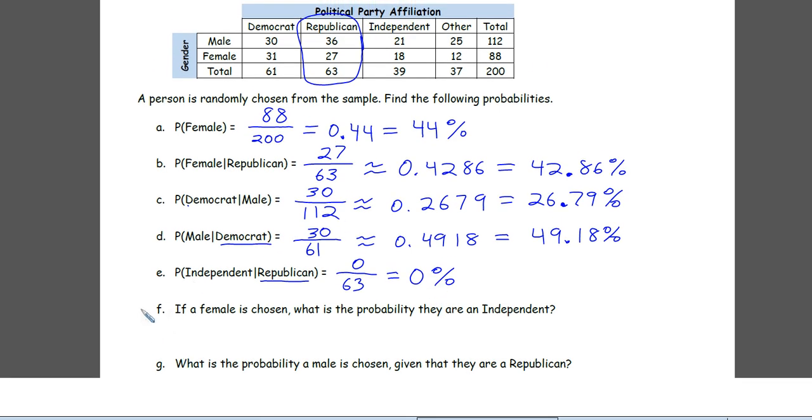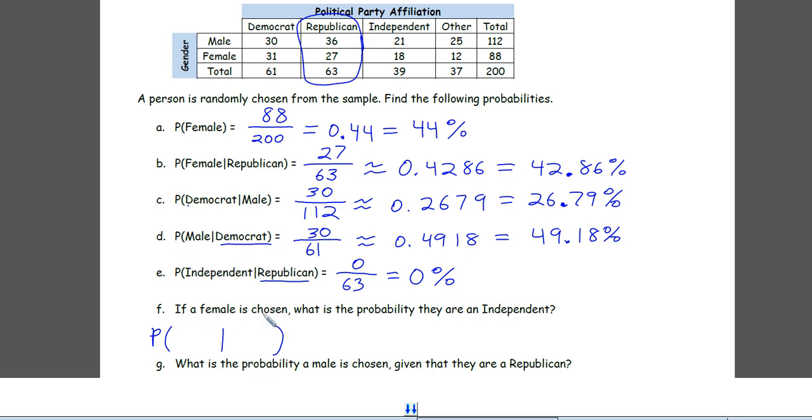Okay, moving on to F. If a female is chosen, what is the probability they are an independent? So let's write this in the format up above as a conditional probability statement. What do we know the person is?